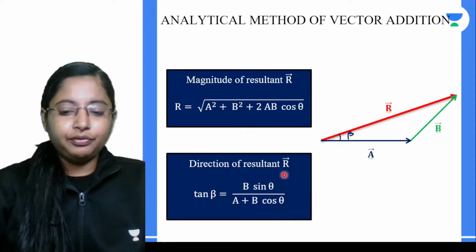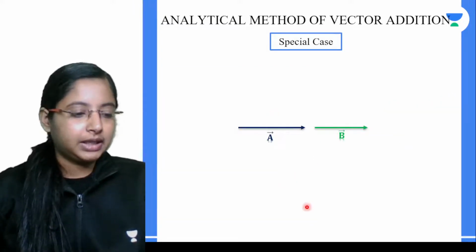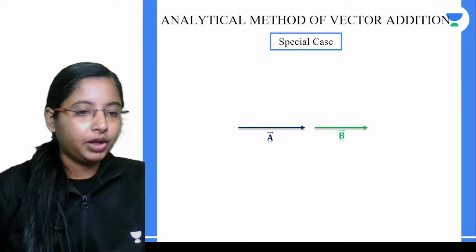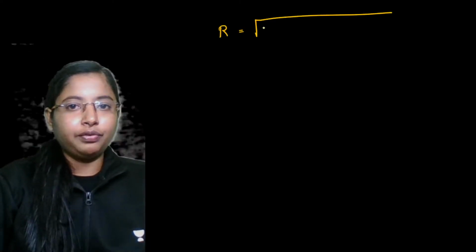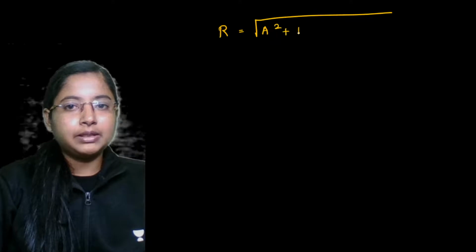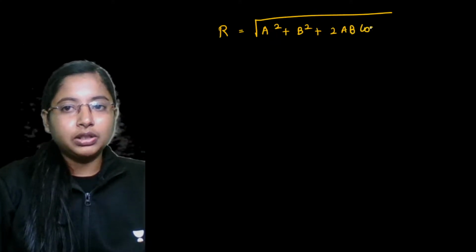Now there are a few special cases. For example, what if both the vectors are in the same direction? One thing we know is that R is root of A square plus B square plus 2AB cos theta.